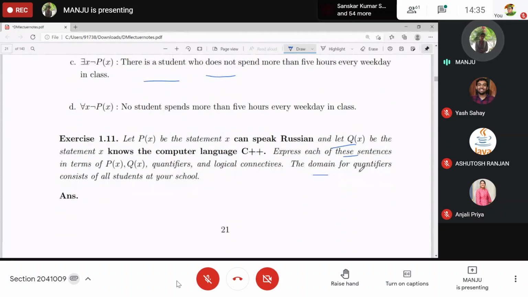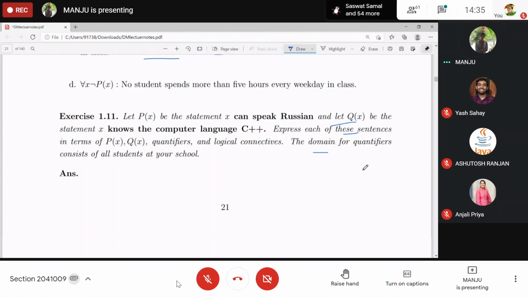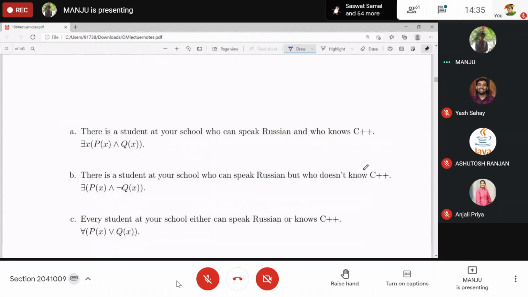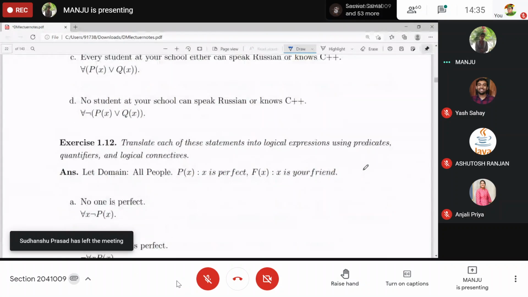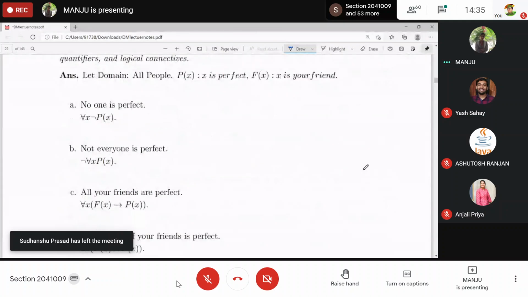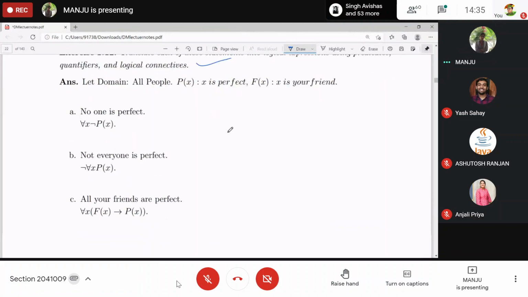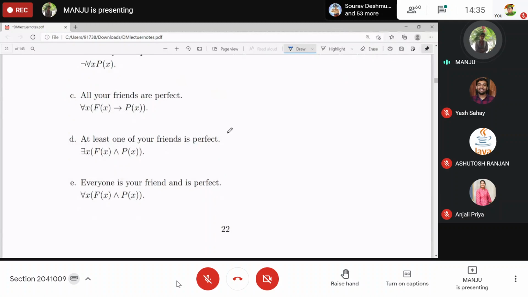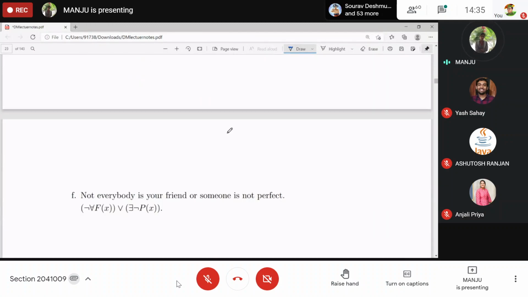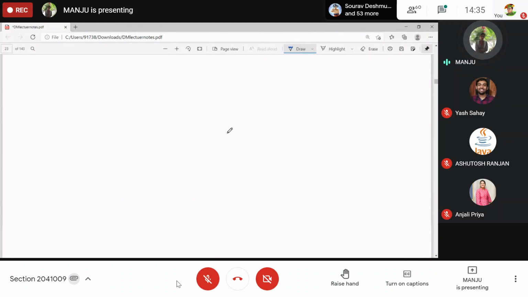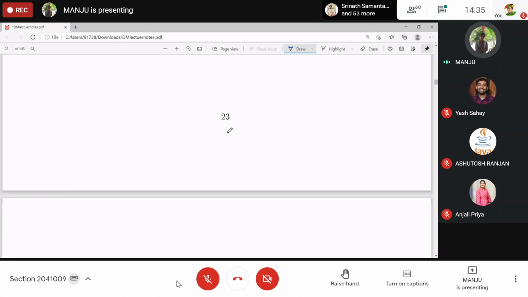Whenever quantifiers are given, the domain will be given, okay. Again the translation part. Whenever going from English to logic, you need to define the domain. So it's up to you which domain you define. According to that, the translation will change.